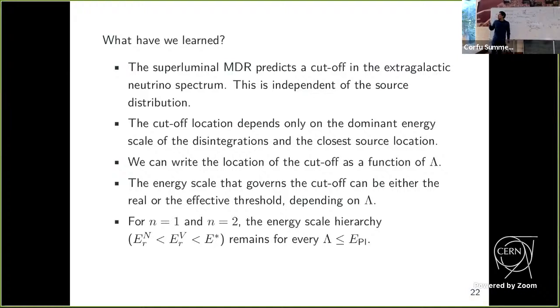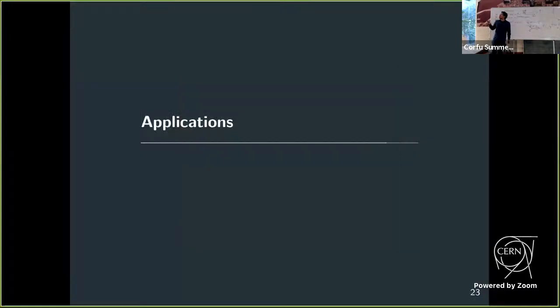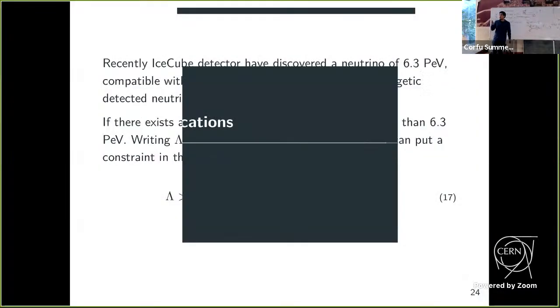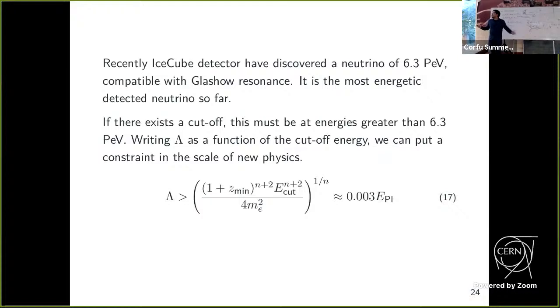Okay, so now we can see some applications of this toy model, very simple applications. For example, the IceCube detector has recently observed the neutrino of the Glashow resonance we have mentioned before, of 6.3 PeV. So if there exists a threshold, it has to be at energies greater than this 6.3 PeV.